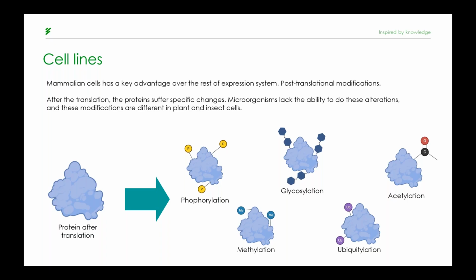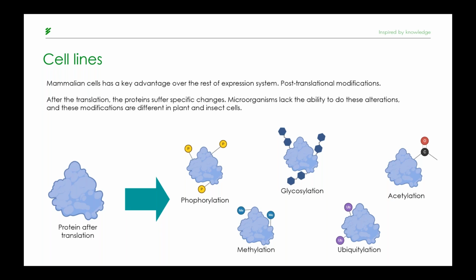Their cells are not independent and they form a part of a whole. This generates an important problem. It's difficult to grow them in vitro. Despite this main problem, the mammalian cells possess a key advantage. They possess post-translational modification.